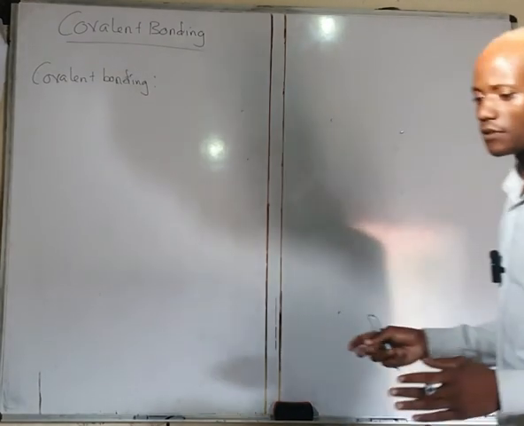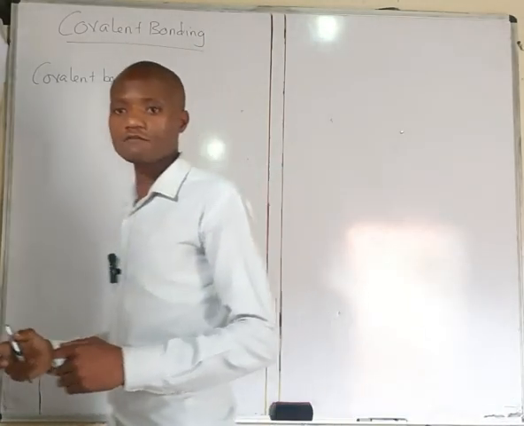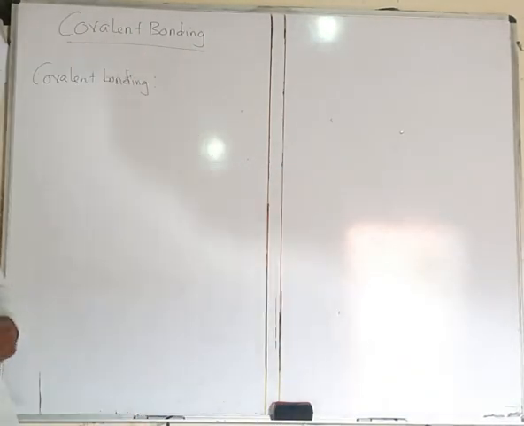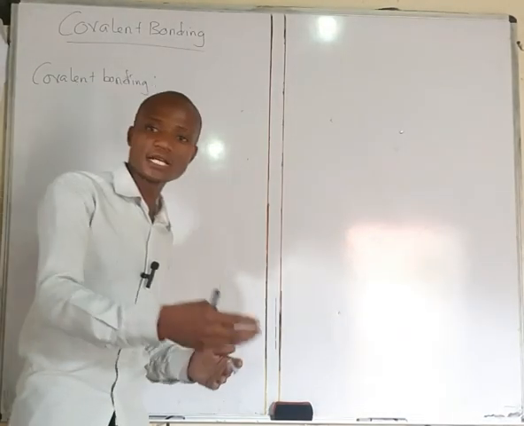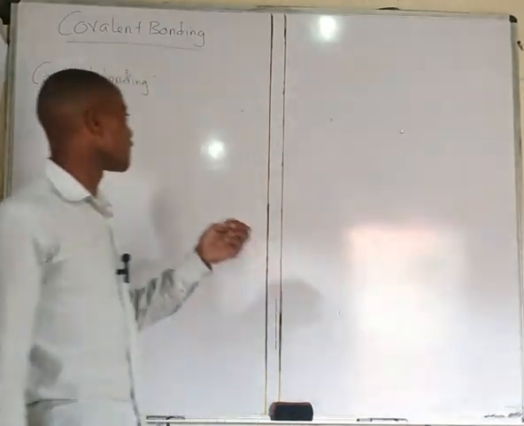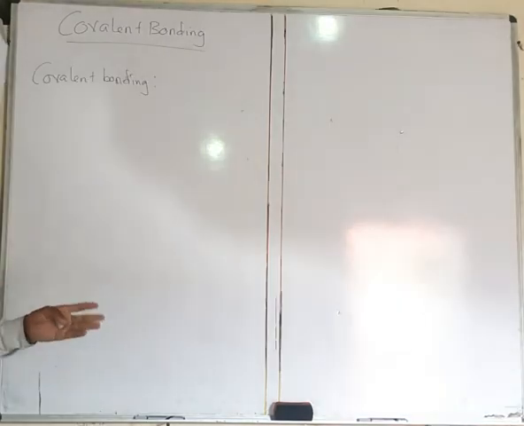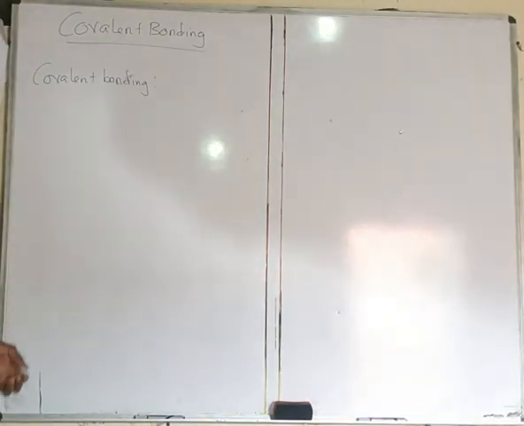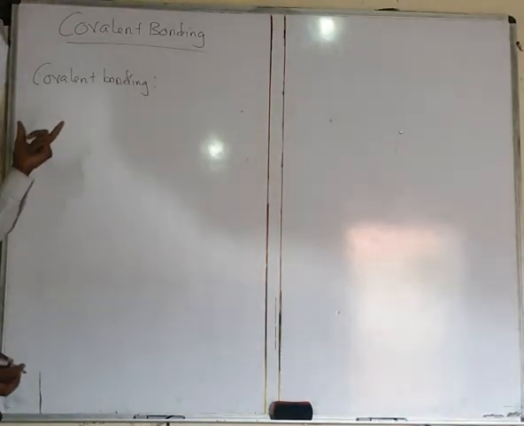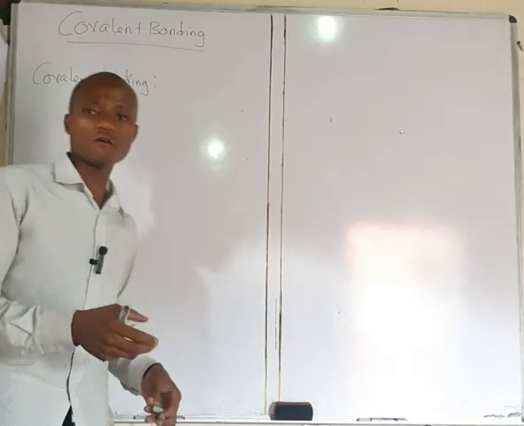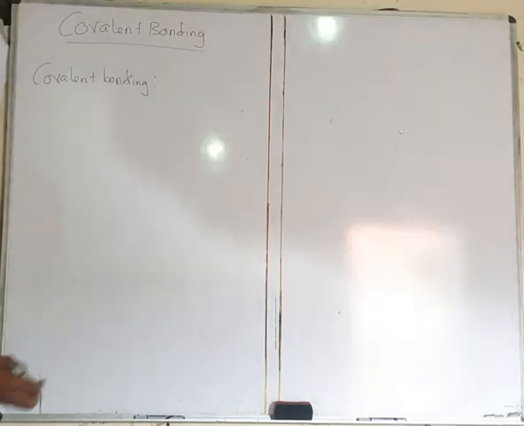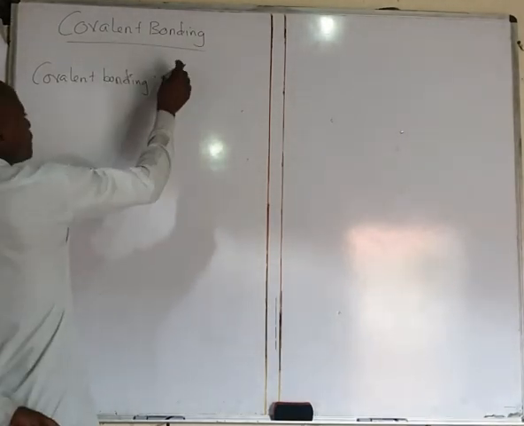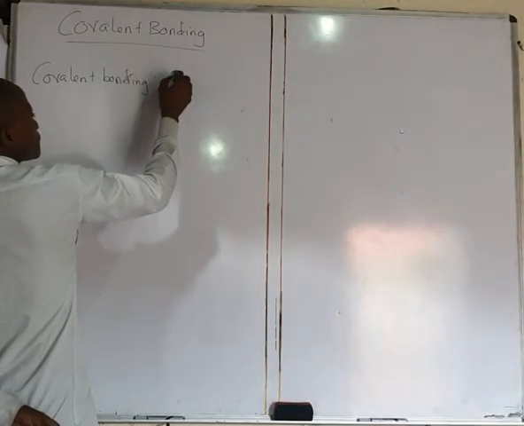Unlike ionic bonding, where there is the losing and gaining of electrons, in covalent bonding there is no losing and gaining. Here they share electrons. So covalent bonding is the sharing of electrons.